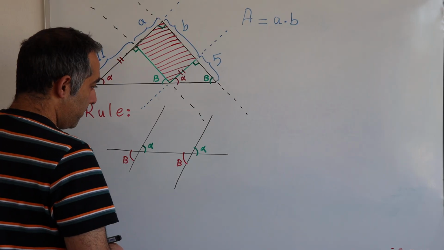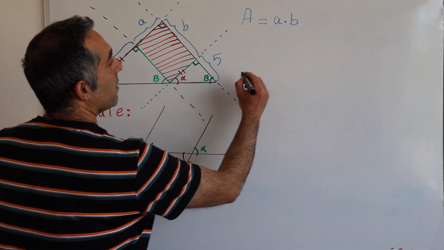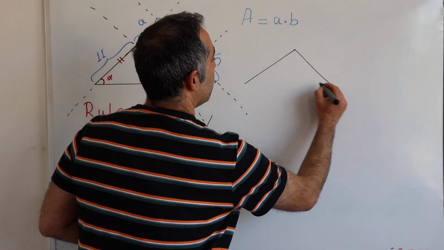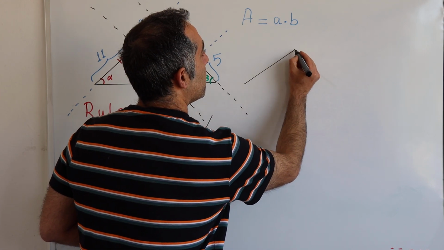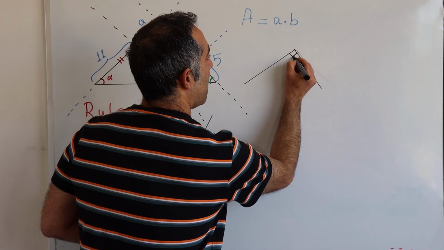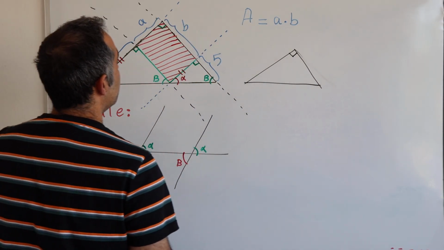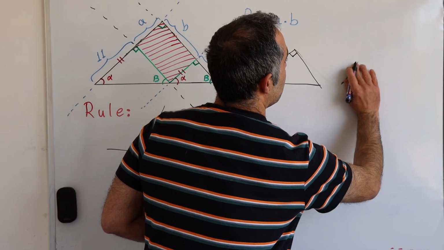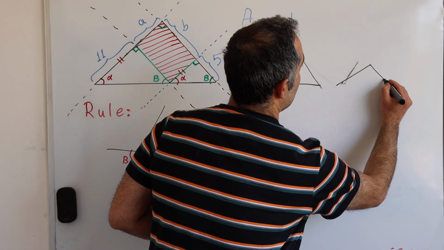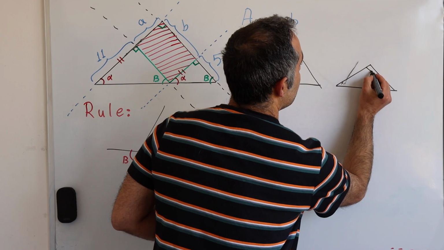So these triangles are similar to each other. I can draw these triangles separately here, which is the right angle, okay, and this one, which is a bit smaller, I can draw like this.